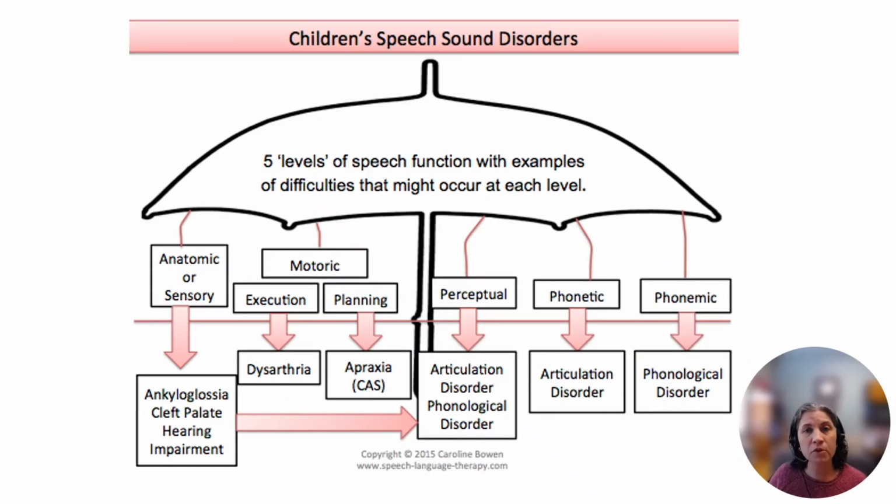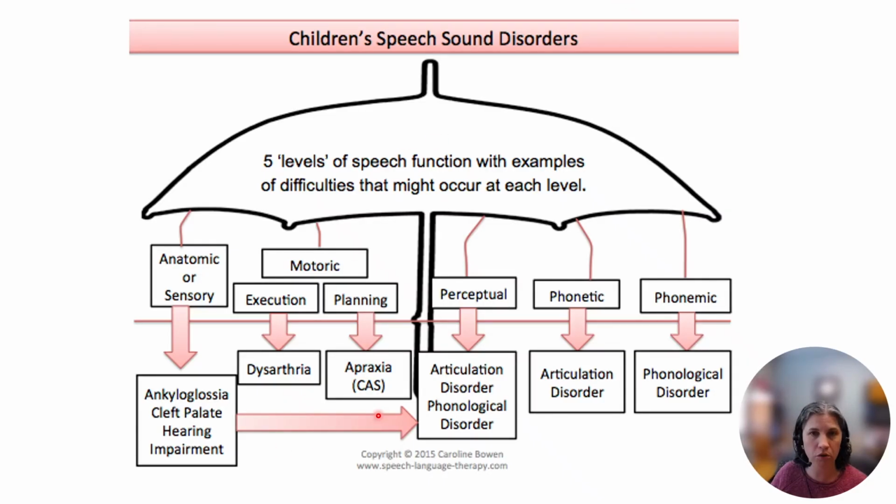So speech problems fall on a continuum depending on where the deficit occurs. On one end of the spectrum over here, you have anatomic problems. These are things like cleft palate or hearing impairment that impact a child's ability to speak clearly. On the other end of the spectrum are higher order cognitive linguistic problems that involve misclassification of entire phoneme groups.